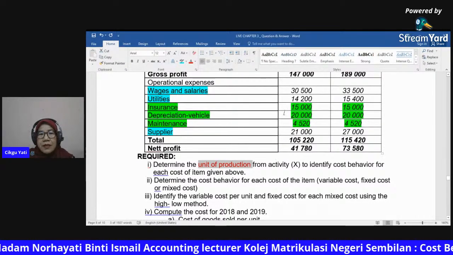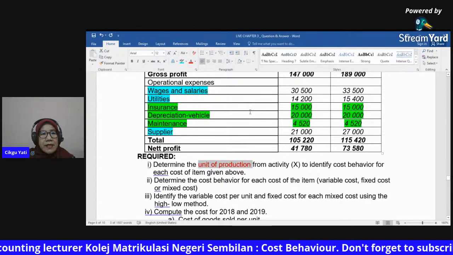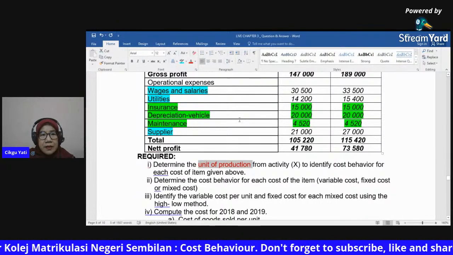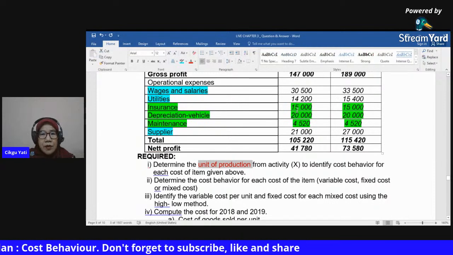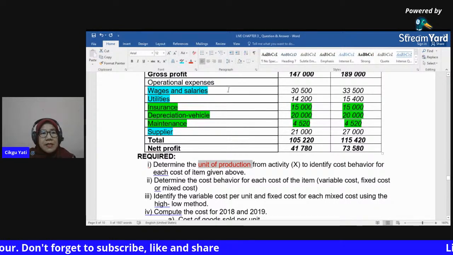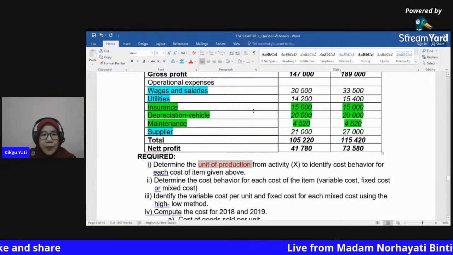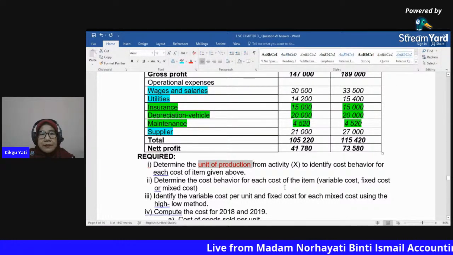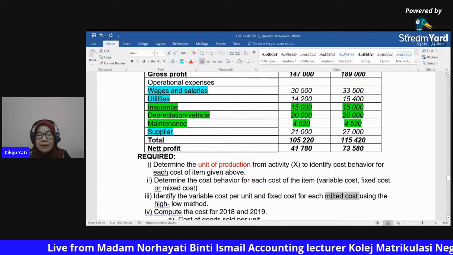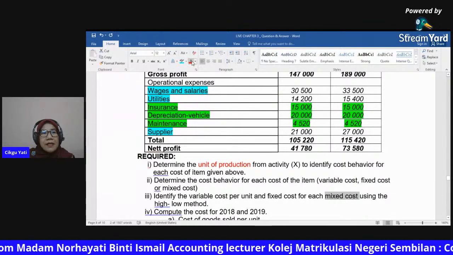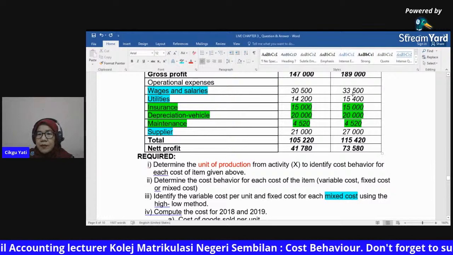So just now we can classify insurance, depreciation, and vehicle and maintenance as fixed cost. But for wages, utilities, supplies, and cost of goods, you have to apply the high-low method. And for mixed cost, you must calculate it, and this mixed cost consists of fixed cost and variable cost.